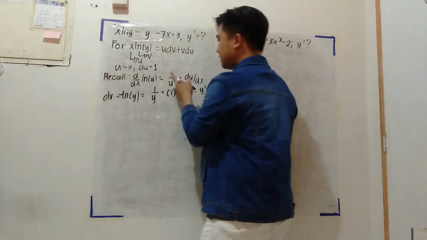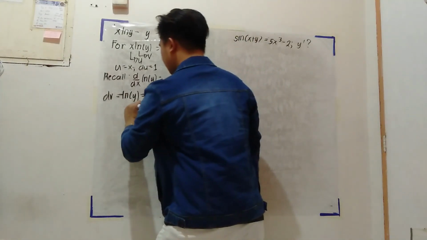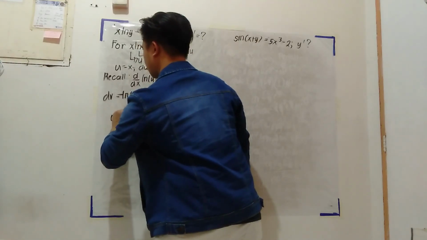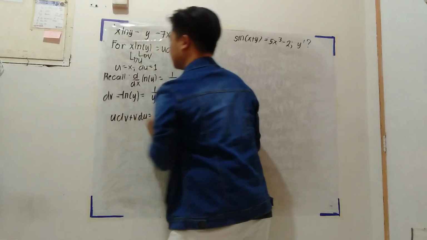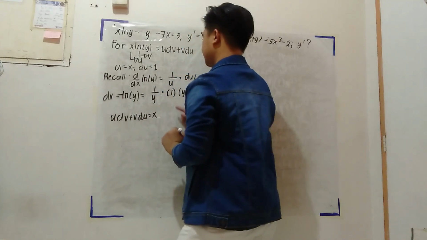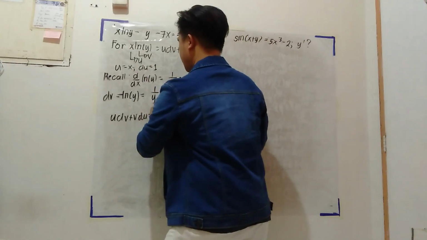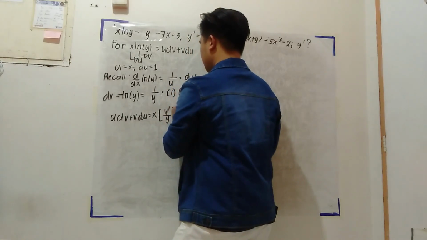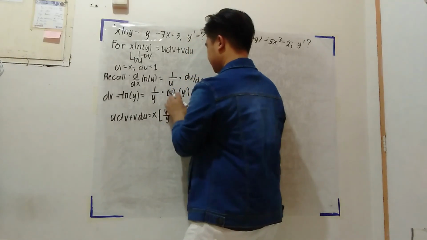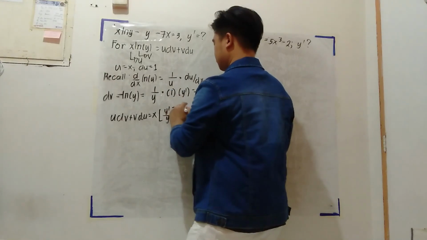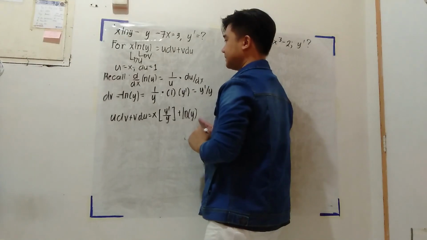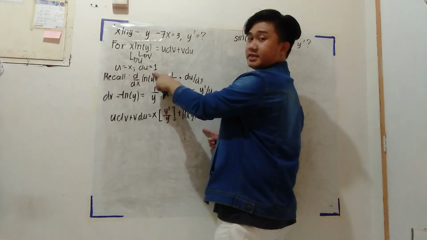And then, u dv plus v du. So, your u is equal to x, times y prime over y, plus ln of y, and then times du, which is 1.